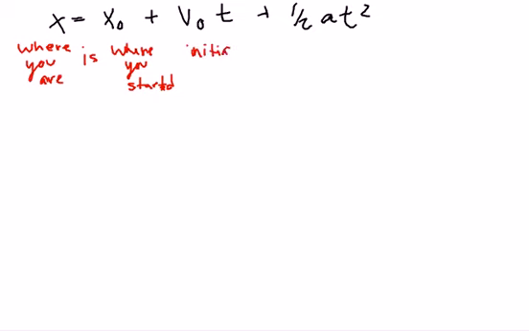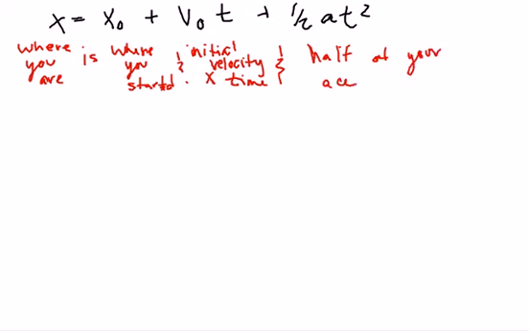So this is your initial velocity times time, plus, we can think of it as and, half of your acceleration times time squared.